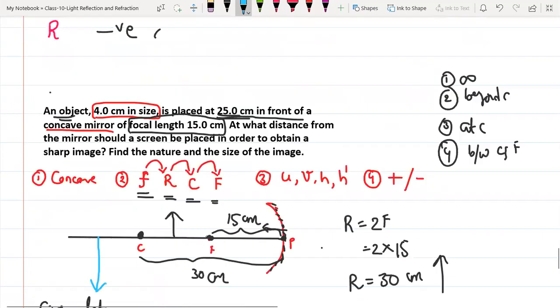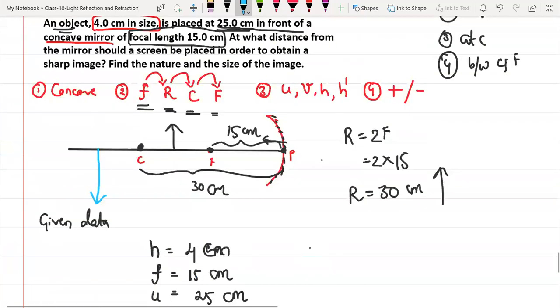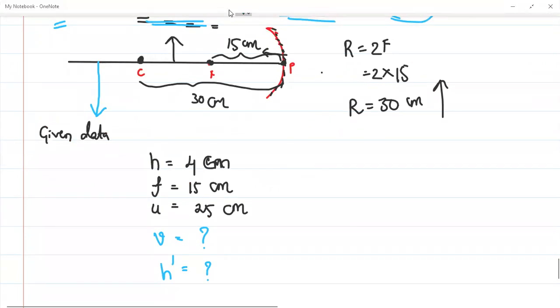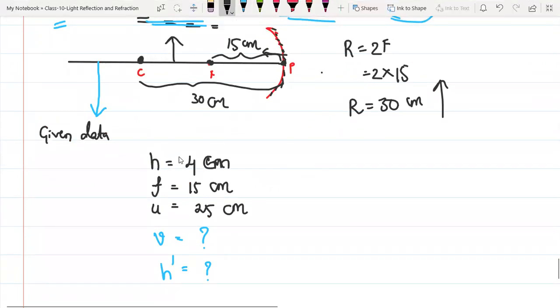Now I told you which one should be passed to which. So we have checked whether it is concave. We have written all the F, R, C, F values. We have written U, V, H, H dash values. Now positive and negative. For concave, H will be positive, F will be negative, U will be negative, V will be negative, H dash will be negative.